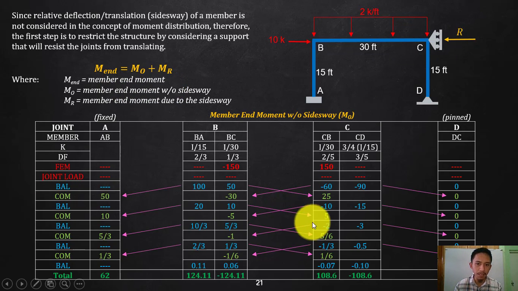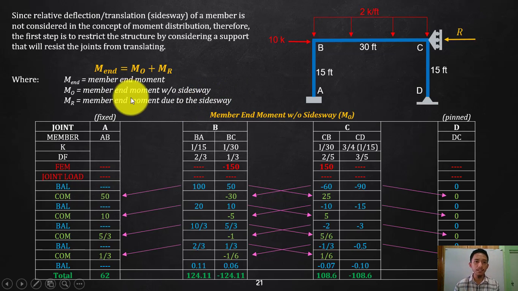So this is this table. We try to restrict the Sidesway, get the end moments by applying, of course, your moment distribution. Then you will end up there with end moments, and this will be again without Sidesway. End moments without Sidesway. And then later on, we will discuss on how to get that M sub R, that is the end moment due to this Sidesway.